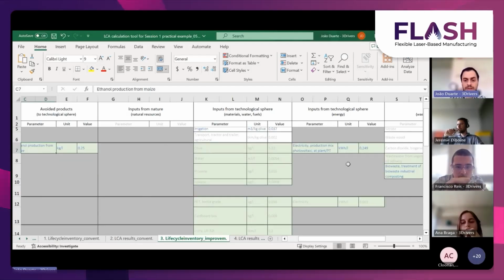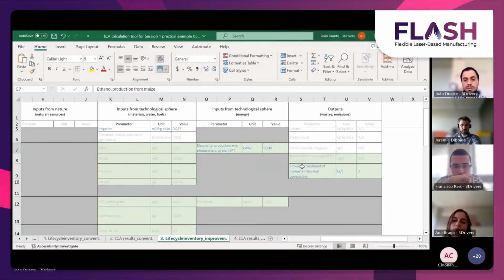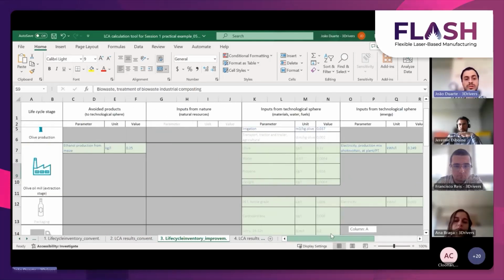And then for the second life cycle stage, we replaced the electricity. In the first example, we are using the energy from the electricity from the grid, and now we replace it with a totally renewable source, photovoltaic, and we also remove, instead of sending the olive pomace to an end of life treatment, we use a process that can use that byproduct in the production of ethanol.